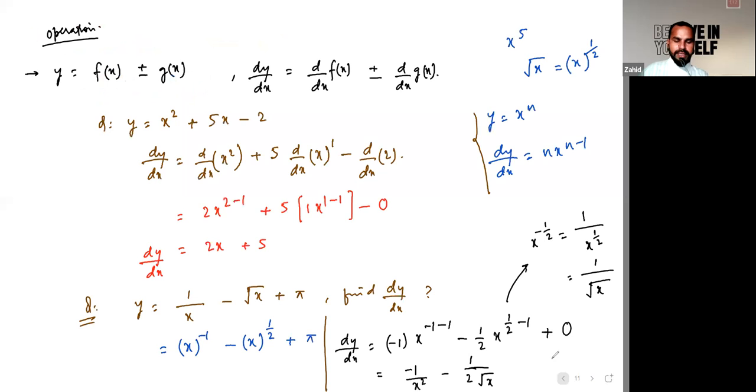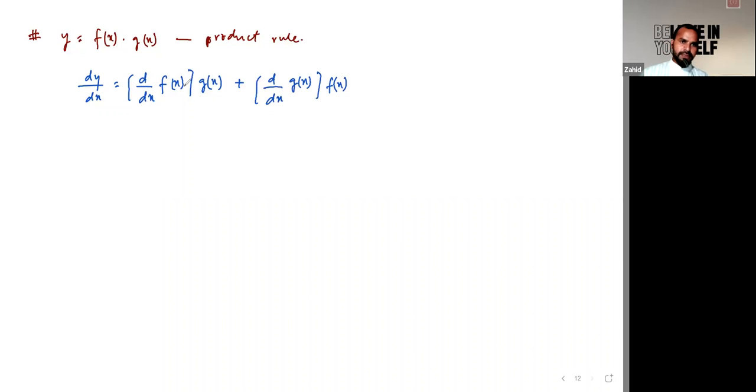Like in plus or minus, there is no dependency of one on the other, but in multiplication, there is dependency. If you differentiate the first term, the second term gets multiplied with it. And similarly, if you differentiate the second part, the first term gets multiplied with it.